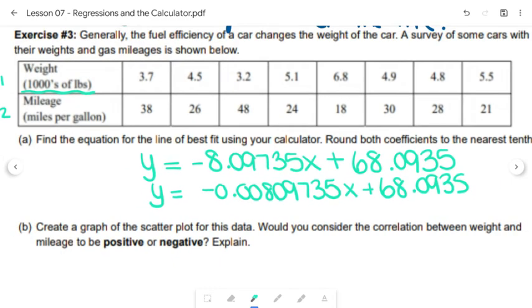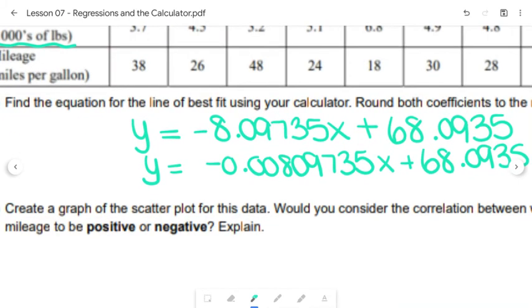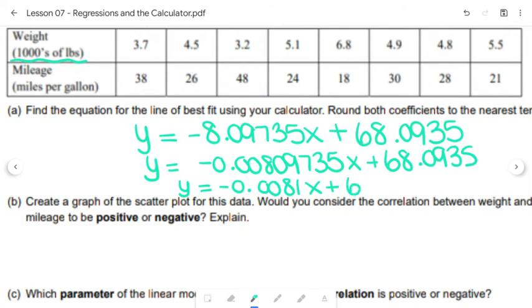So it might be better for us here to think about these data in this thousands of pounds realm, just so we have that. So I'm going to actually round not to the nearest tenth in this case. I'm going to leave it a little bit longer. But negative 0.081x plus 68.09.